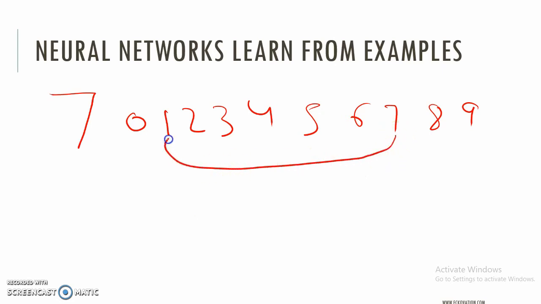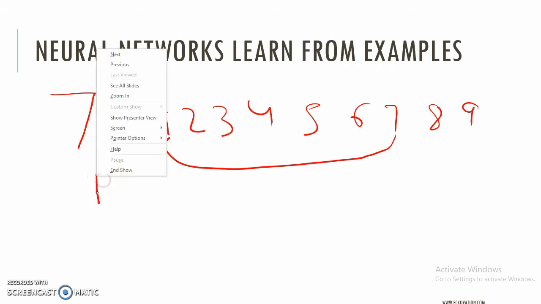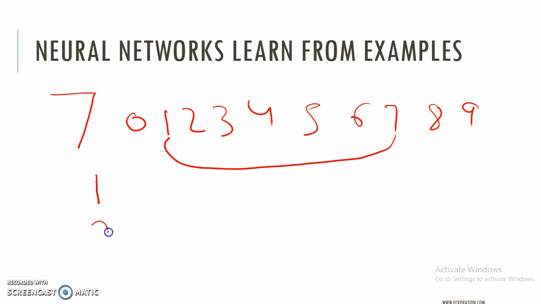So the examples for the network: first of all, this is 1, and then I'll take some more examples, that is 2. Let's suppose this is our network.